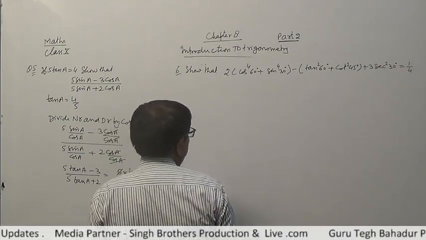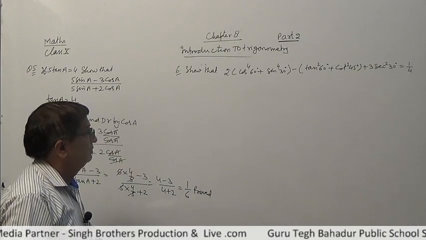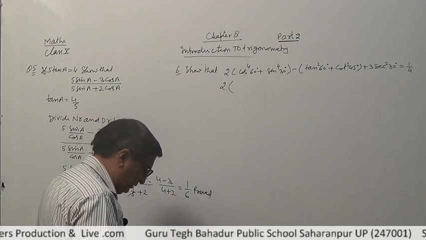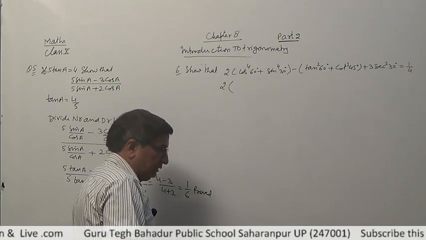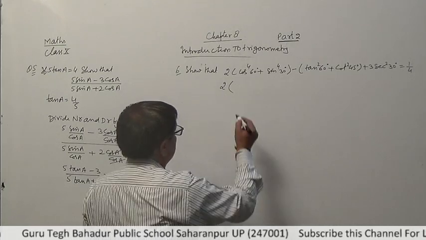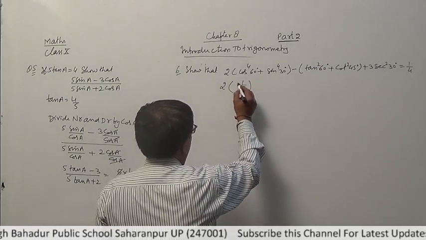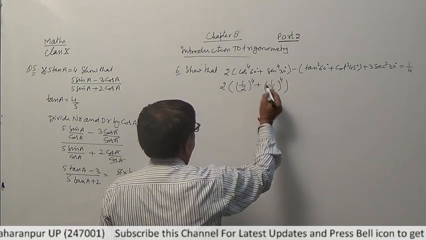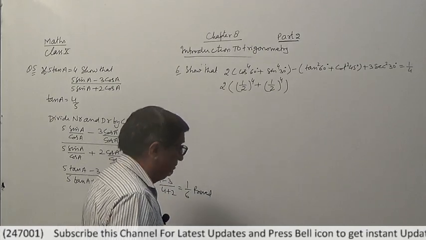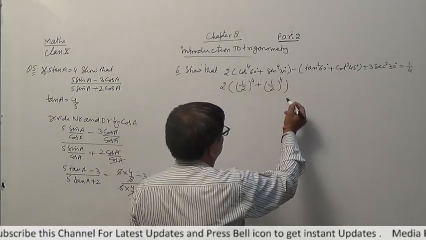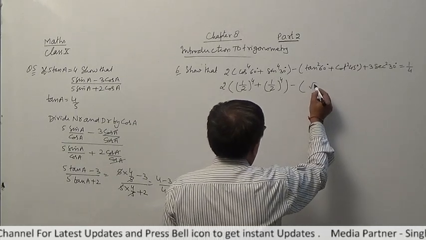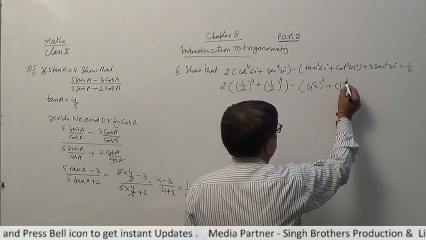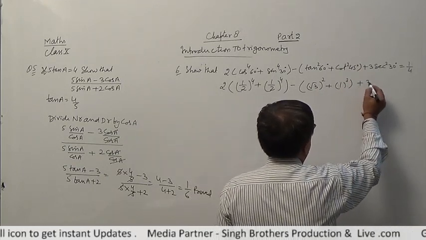Now using the trigonometric table, cos 60 degree is what? You will learn this trigonometric table, or you will form it yourself. Cos 60 is 1 upon 2, sin 30 is also 1 upon 2, taking power 4. Tan 60 is root 3, power 2. Cot 45 is 1, power 2.